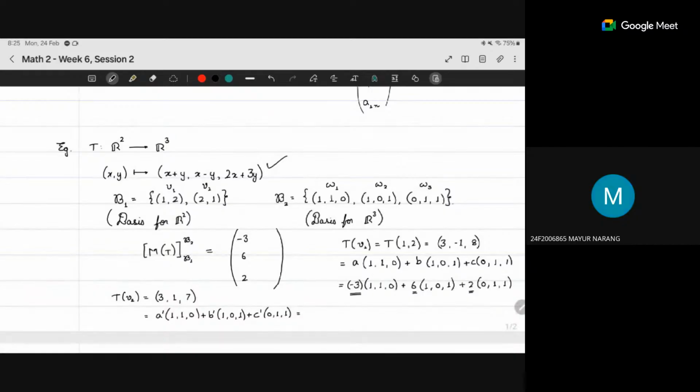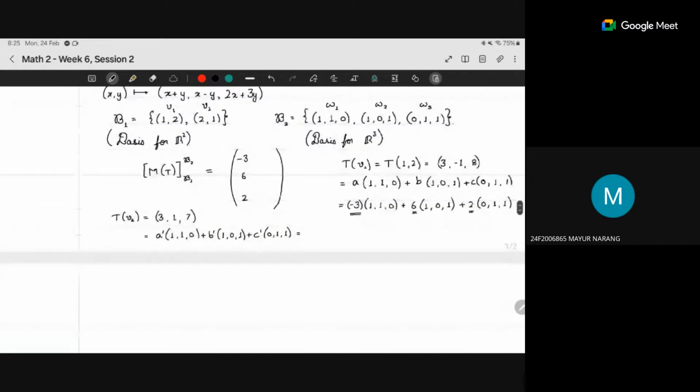Sir, I understood, but the part is that -3, 6, and 2 computation, how? Did you understand until this step? Yes, sir. I want to find A, B, and C such that this has to happen. Before you get to this, there is an intermediate step. Someone gave me the solution, so I just used it.